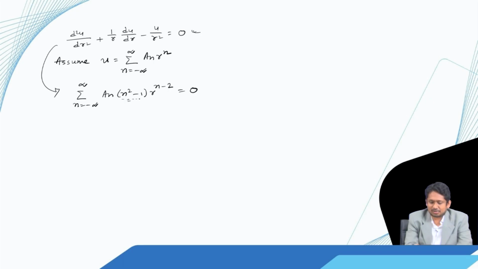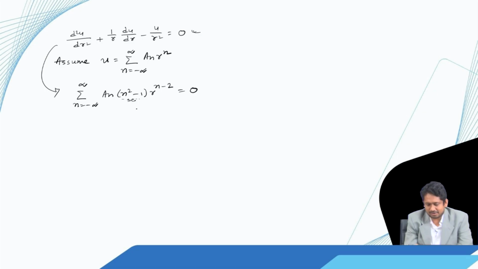The sum has to be always 0 for any choice of r, and that is only possible when the individual a n's are 0.